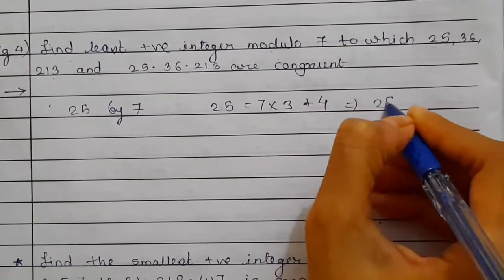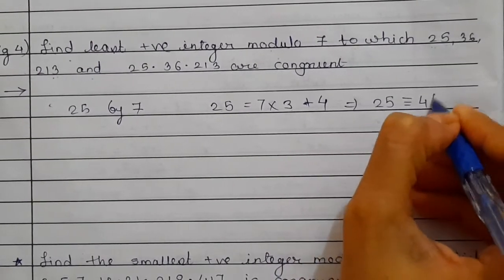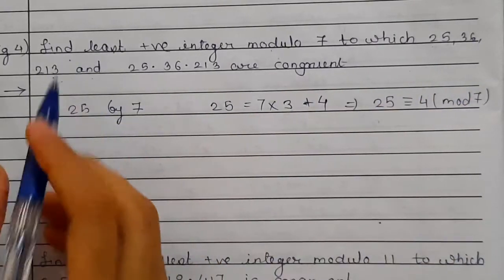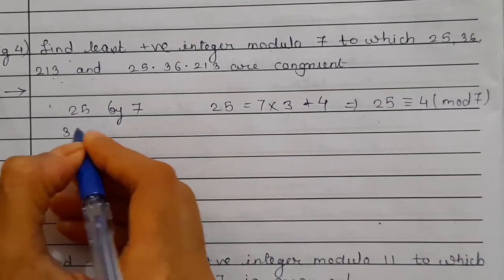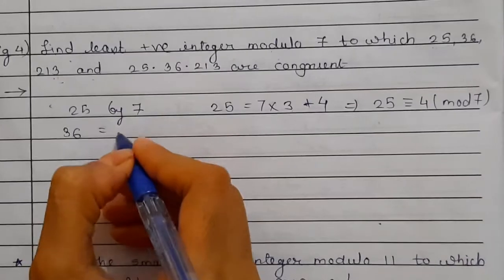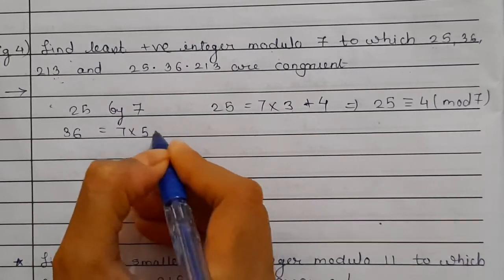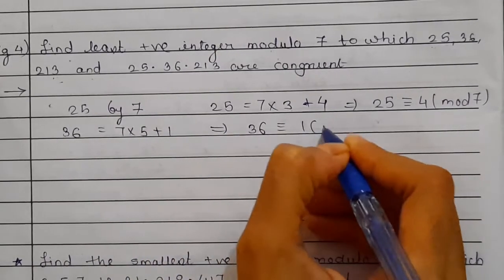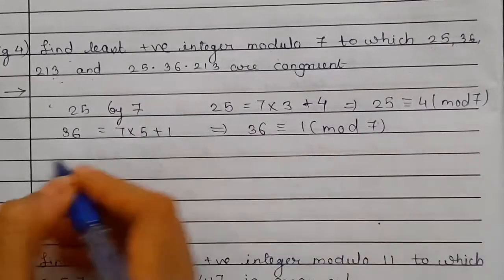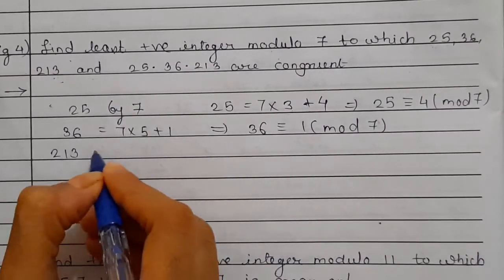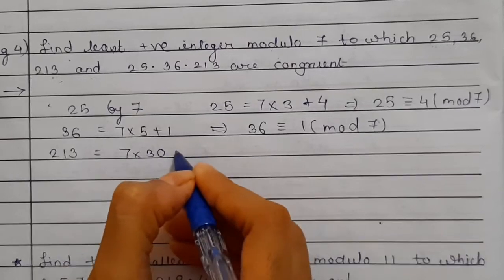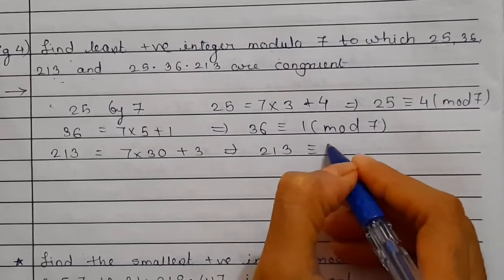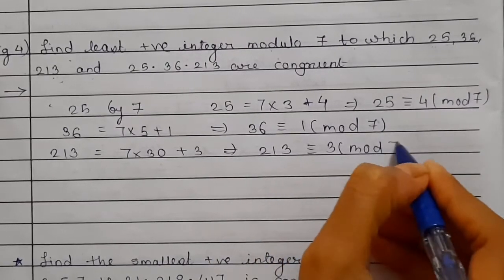From this, we write 25 is congruent to 4 mod 7. Similarly, for these two numbers, we write the same. 36 is equal to 7 into 5 plus 1, which implies 36 congruent to 1 mod 7. 213 is equal to 7 into 30 plus 3, which means 213 congruent to 3 mod 7.